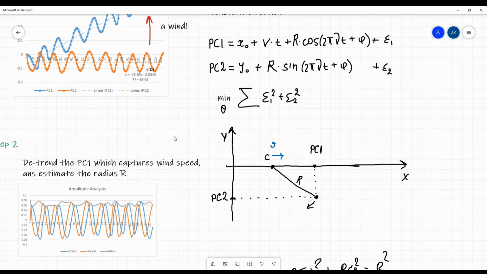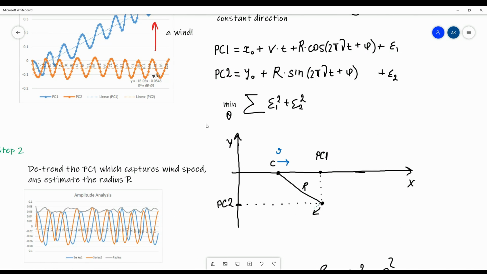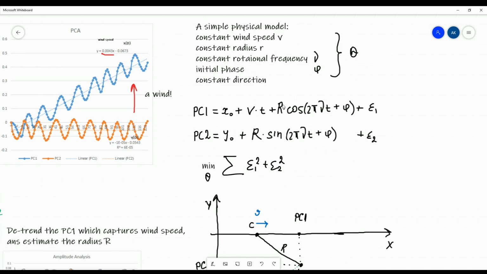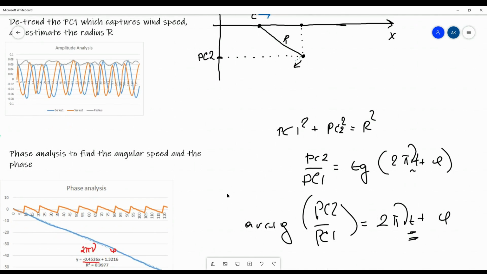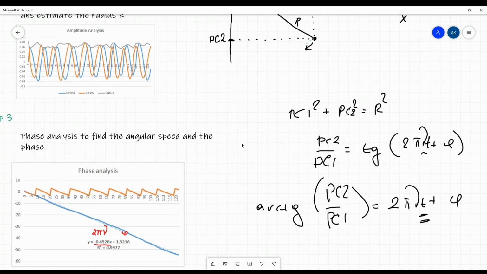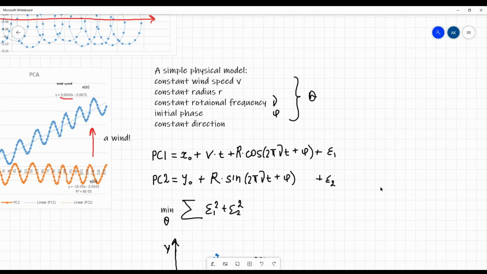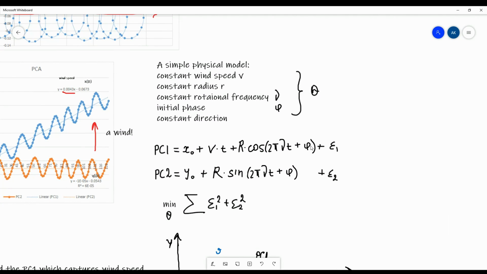Then using a trick with getting the amplitude of the movement, we were able to get the radius of the rotational movement. And finally, using phase analysis, with some trigonometry and linear fit, we were able to get the phase and the frequency, and that gave us all the coefficients.